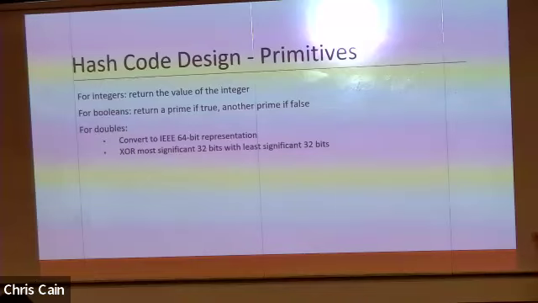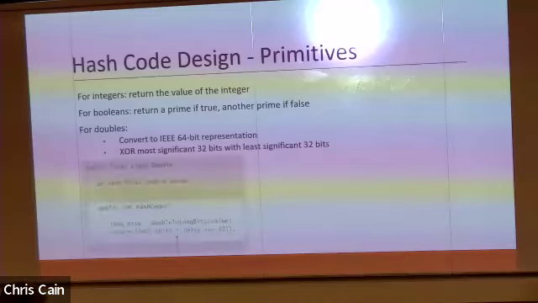Is it 0, 1 or 1, 0? If it is, the end result is 1. And you're going to go pairwise, bit by bit, through those 32 bits to get a 32-bit output. And that becomes your 32-bit integer that represents the hash code of that double. Does that make sense? Here's the code that would get it done.